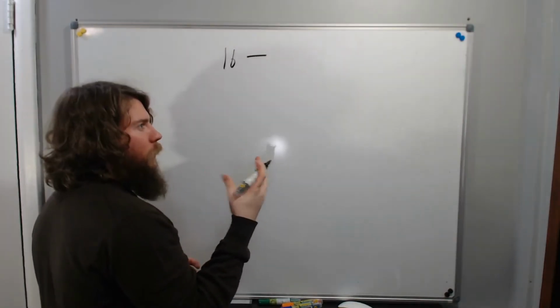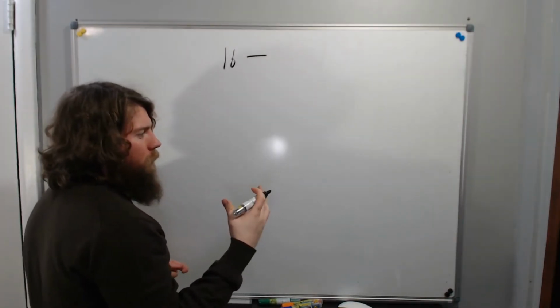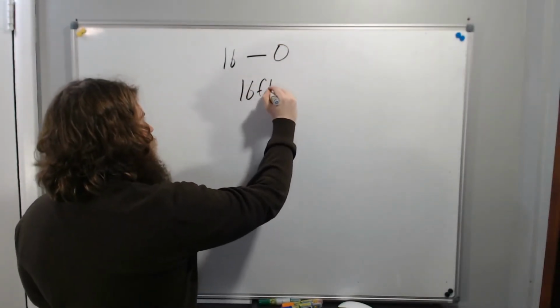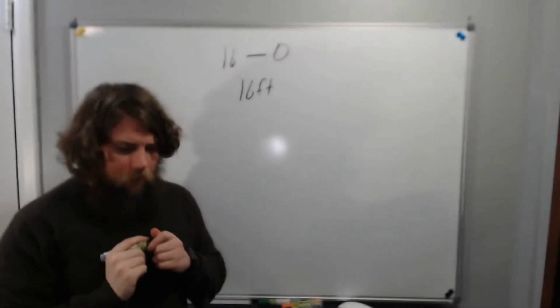In the first 1 second, we're going from the beginning of it being dropped to 1 second later. So at 0 seconds, it hadn't been dropped at all. So 16 minus 0 gives us that in the first 1 second, it dropped 16 feet.